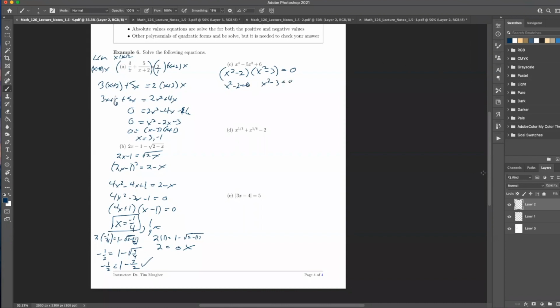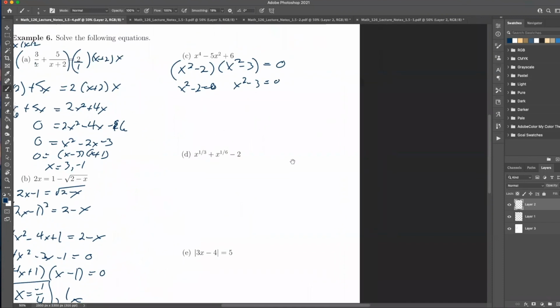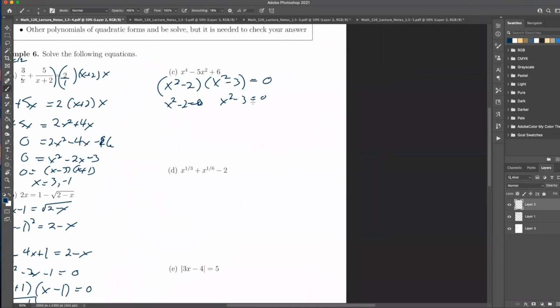Sorry, let me zoom back in so I'm not writing so terribly. That means x squared equals 2, or x squared equals 3. That means x equals plus or minus the square root of 2, or plus or minus the square root of 3. So you can solve other stuff using weird polynomials like this.